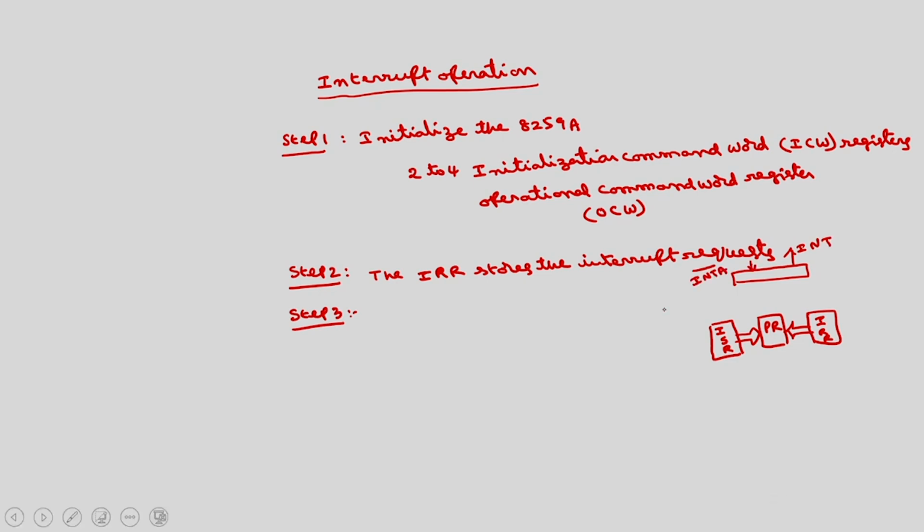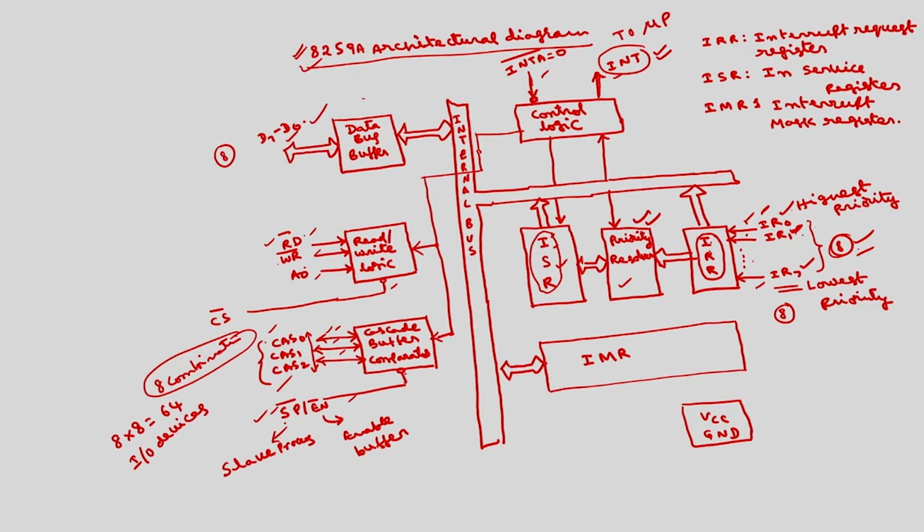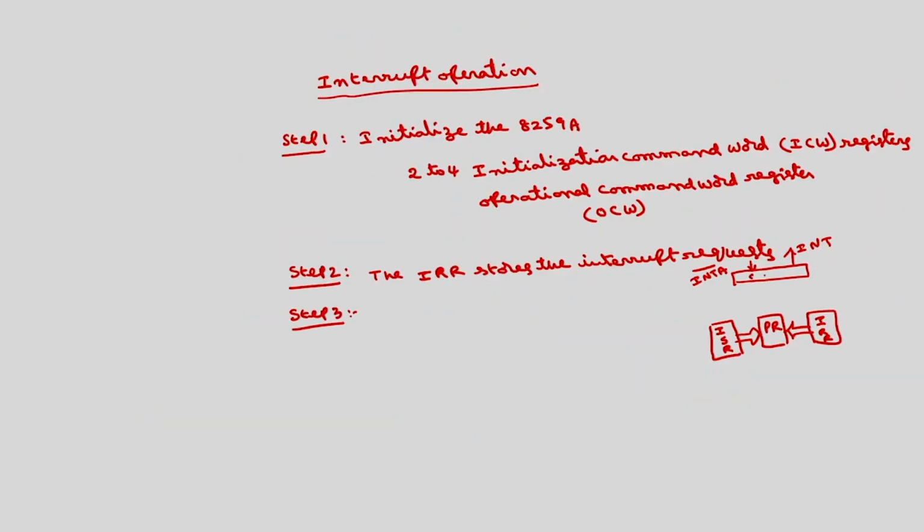This is a part of the 8259 architecture that we discussed in the earlier classes. This is the IRR, this is the priority resolver, this is the ISR, and then we have IMR, the interrupt mask register. The control logic has output INT and input INTA bar. This will take 8 IRs.